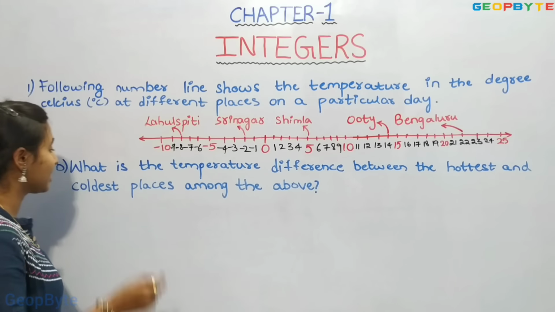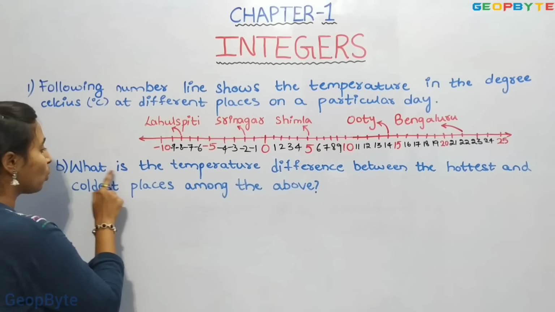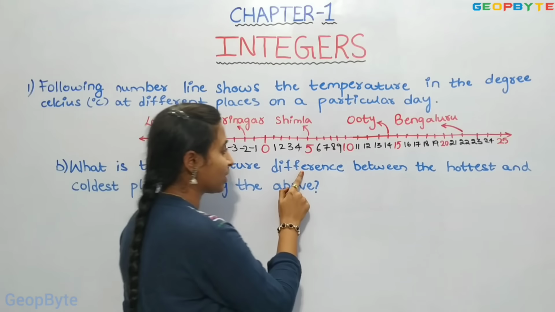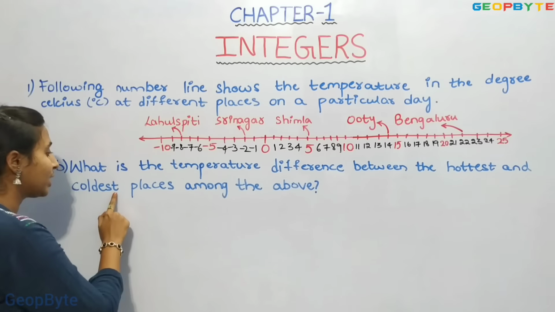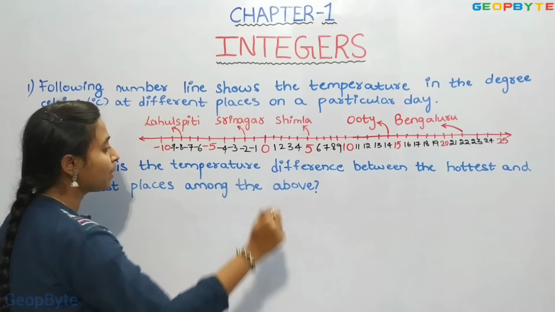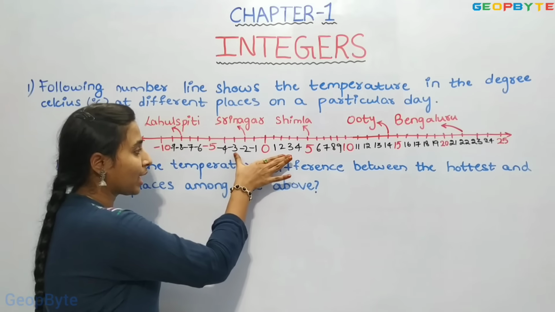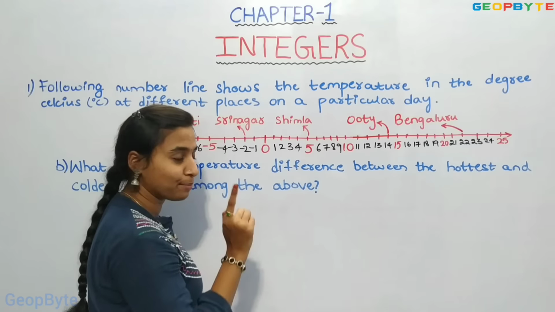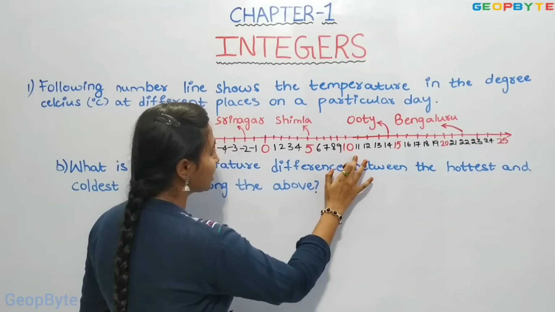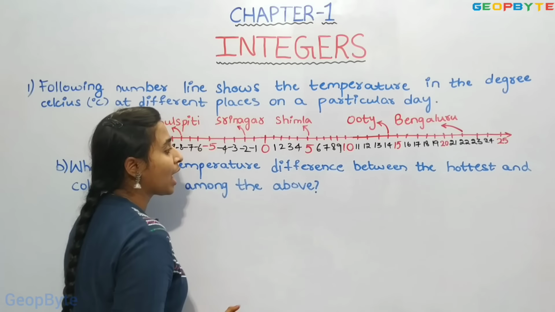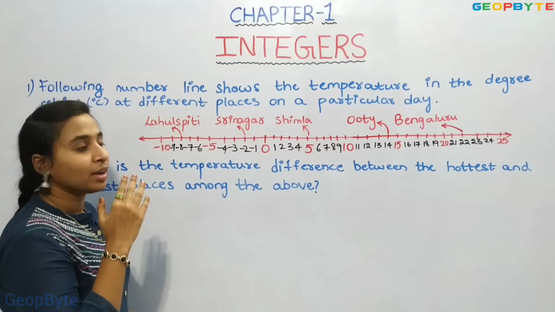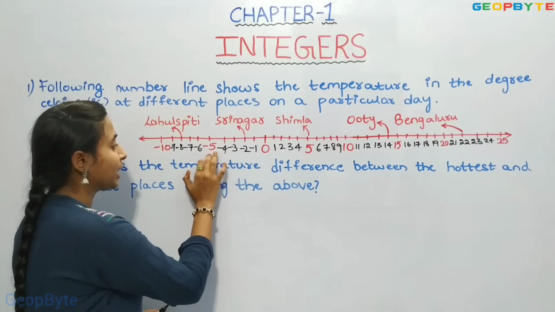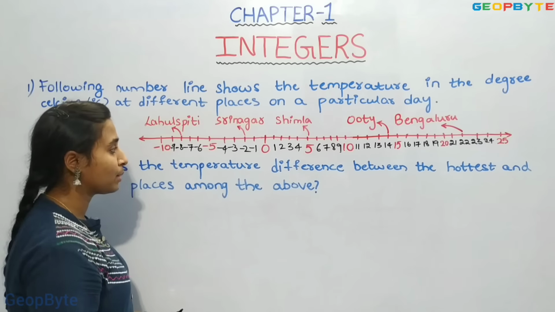Now, let us see part B. What is the temperature difference between the hottest and coldest places among the above? In this number line, the numbers towards the right side of 0 are positive numbers and are greater than the negative numbers, which are the lowest numbers.